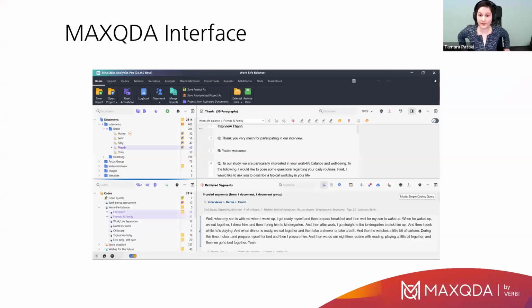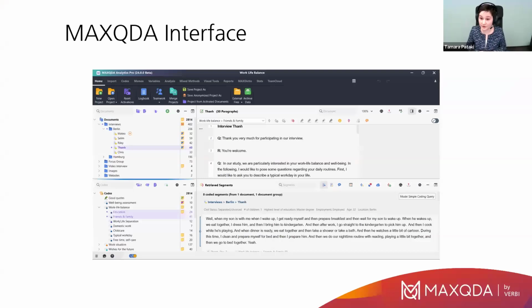MAXQDA is a standard software with a local installation where you can work in projects. So when you are starting your research project, you would create a project file and you would populate that with all of your data.